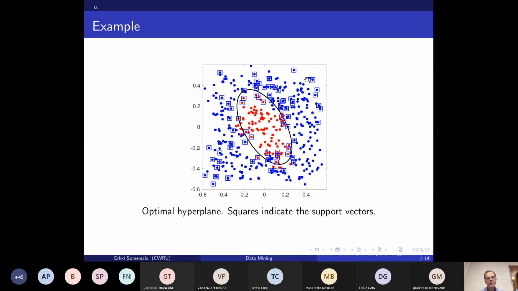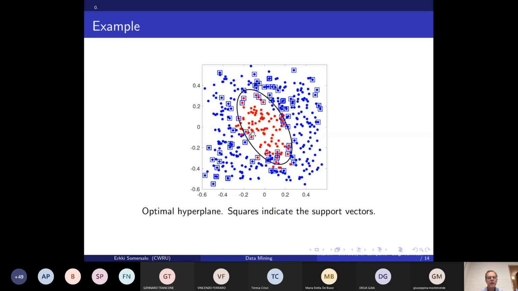Where they lie in this picture, some of them are far away from this level set curve, and some of them are close to it. This is not an indication that my interpretation of the support vectors would be somehow flawed, because I have no idea how the picture looks in a high dimensional space.